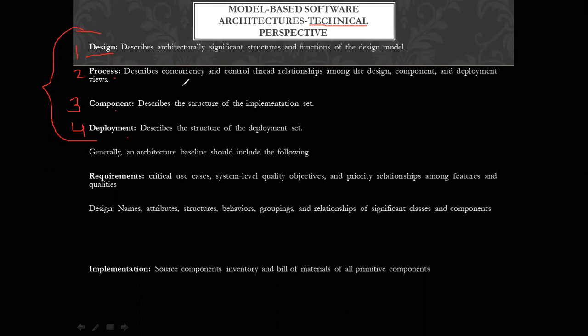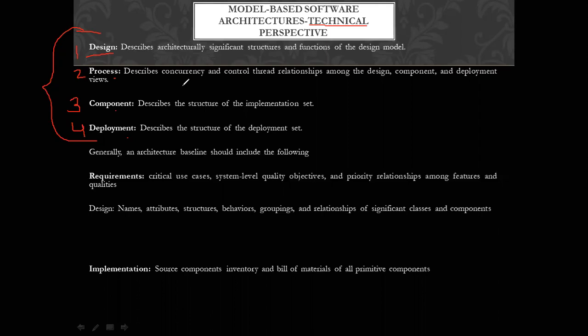About them: the design view describes architecturally significant structures and functions of the design model. So which structures and functions are important architecturally, as per your design model, is elaborated in the design. The process view describes the concurrency and relationships between the design, component, and deployment.